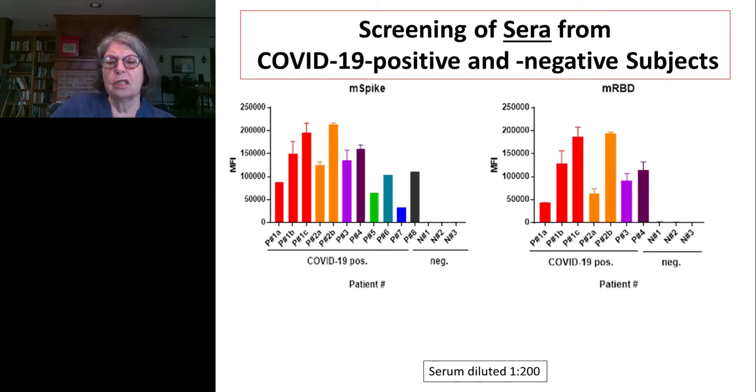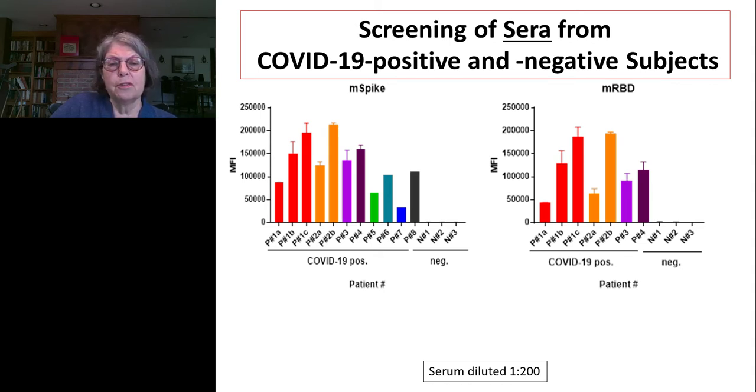Again, the sera are being tested at a dilution of 1 to 200. On the right of each side are 3 negatives, COVID negative controls. And then the colored bars represent COVID positive subjects.